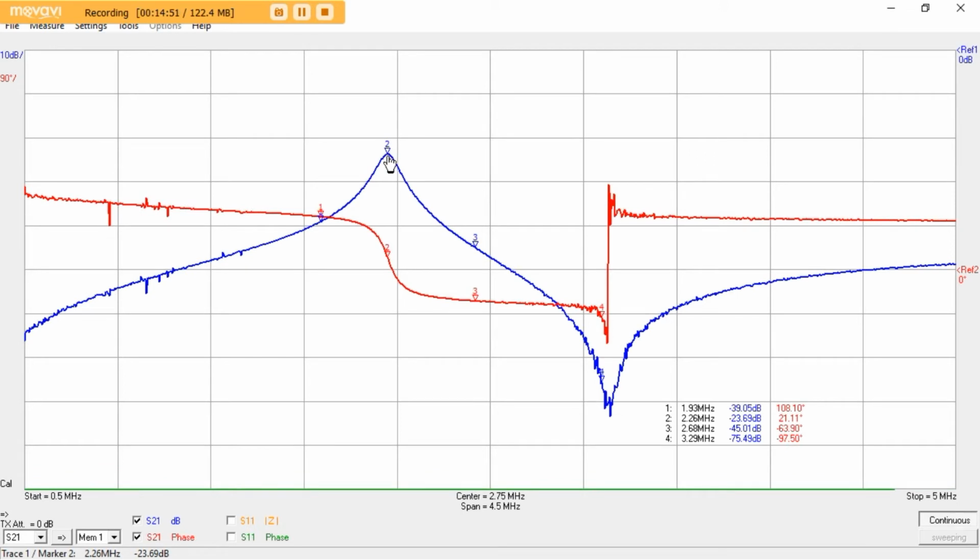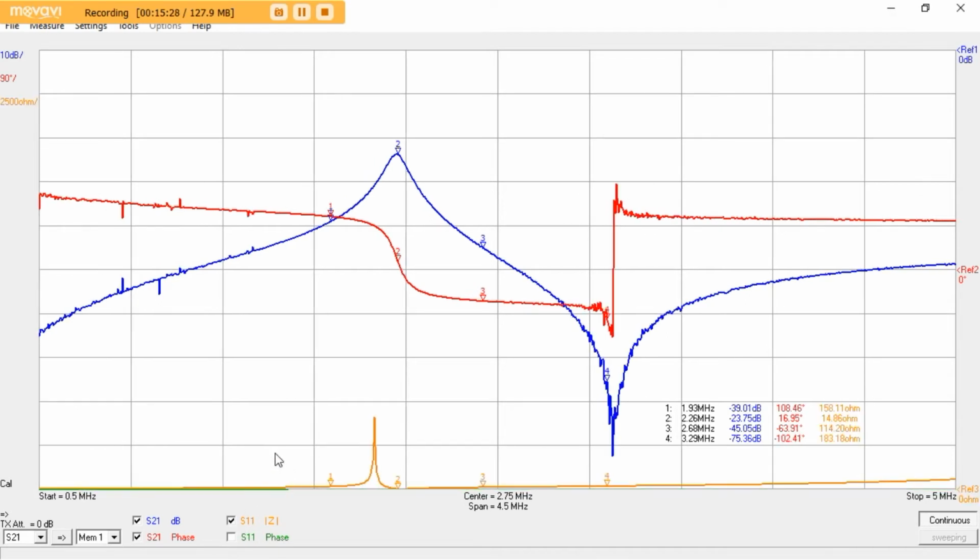We put that back at the top again. 2.26, only changed very slightly. Let's add in the input impedance. Okay, we see that is also very significantly changed. So that series point is still lined up there.